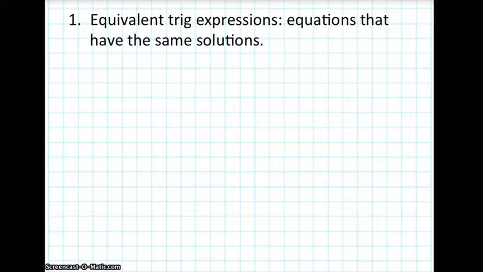There are two definitions for 4.3, and the first one is equivalent trig expressions, and that's equations that have the same solution. An example is sine x equals cos pi over 2 minus x. This means that sine x is equal to cos pi over 2 minus x, no matter what value.